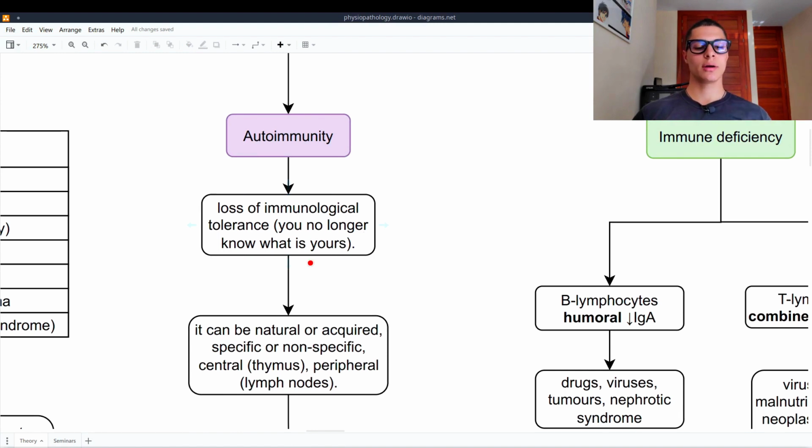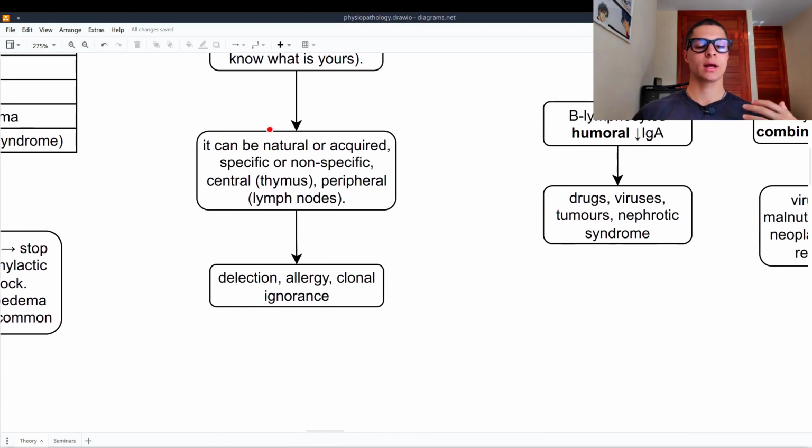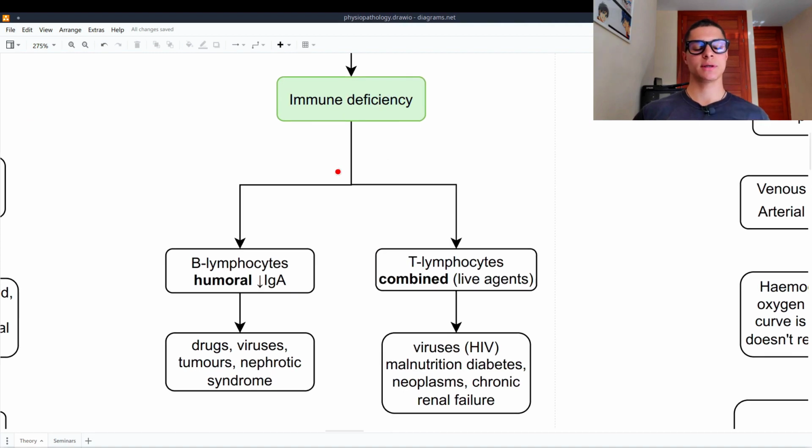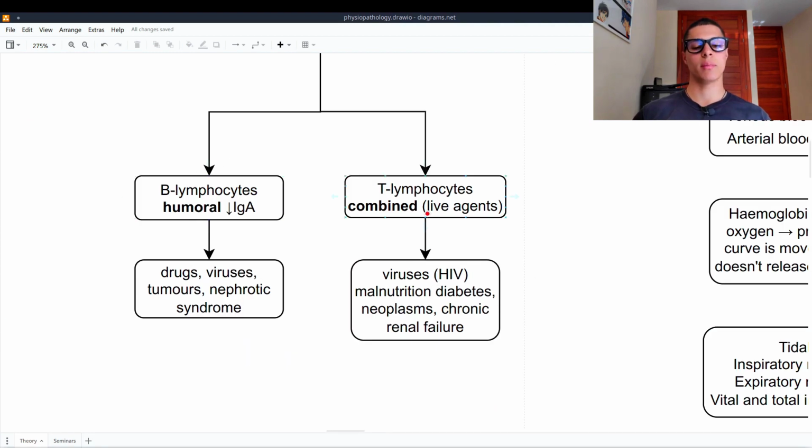It means you no longer know what is yours. It can be natural or acquired, specific or non-specific, central, for example, in the thymus, or peripheral, in the lymph nodes. Deletion, anergy, and clonal ignorance. Then we have the immune deficiency, which can be humoral or combined.